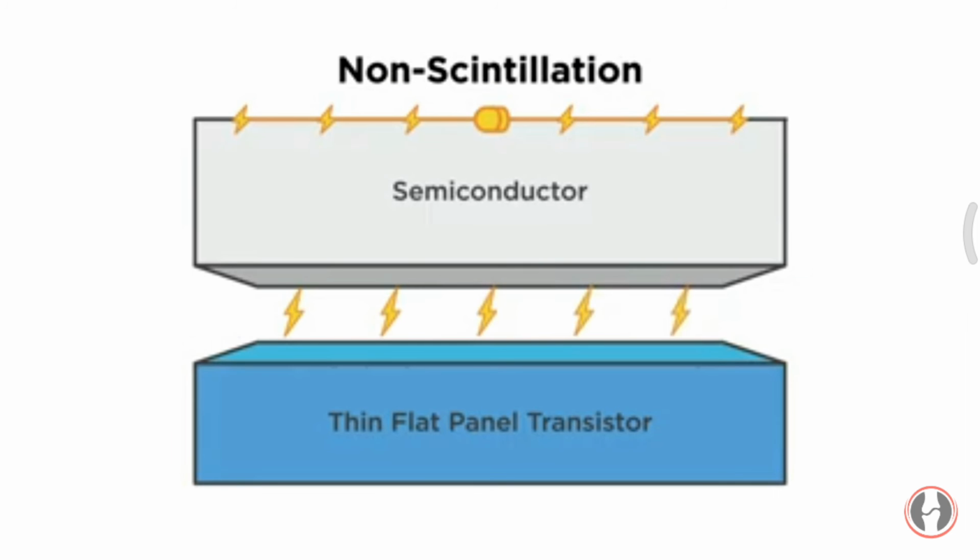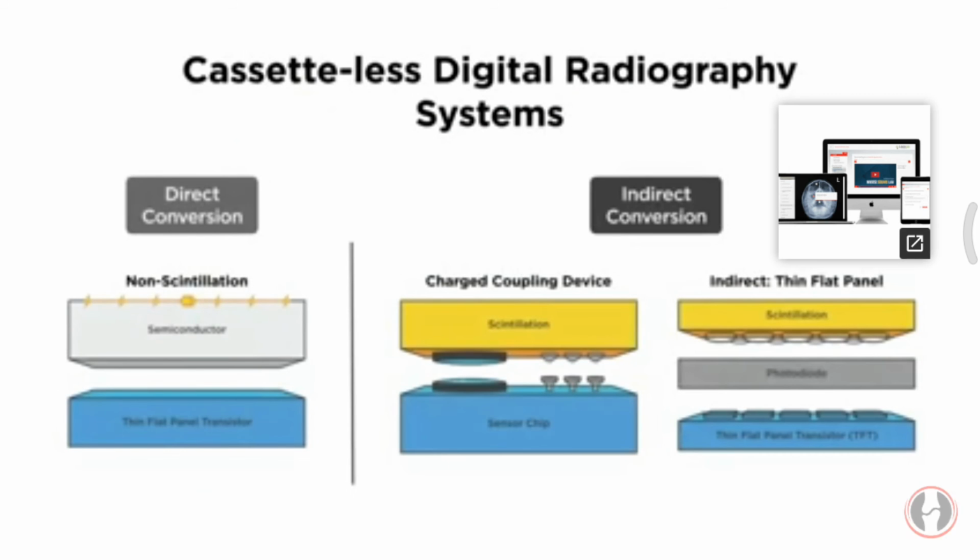The interaction between the incident X-ray photons and the high voltage charge causes the selenium atoms to release their electrons, which are then able to be collected and processed by the TFT layer. This final image gives a visual illustration of each type of cassetteless digital radiography system.